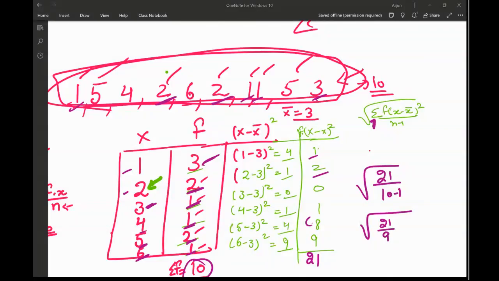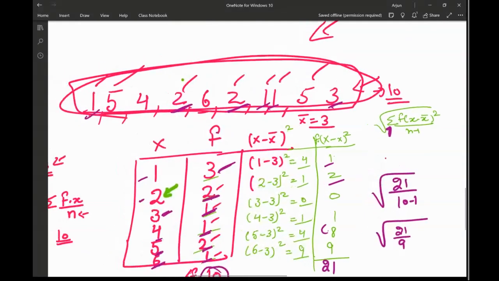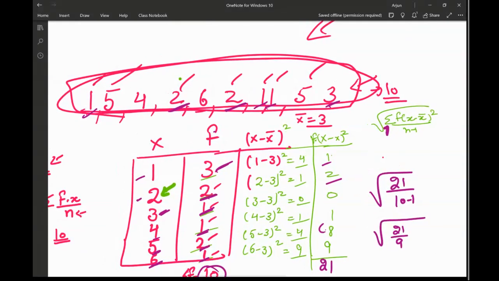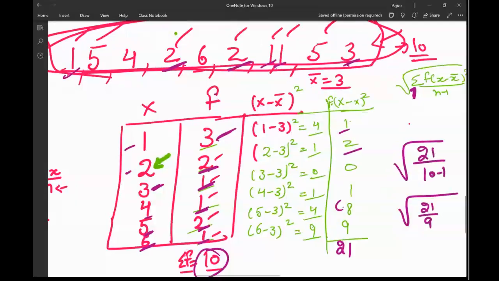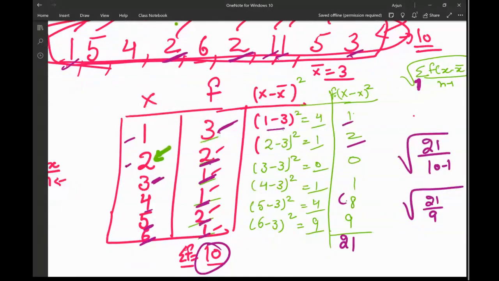So x minus x bar was 3, which I am going to cross-verify, is it 3 or am I using some other number. So the sum is 30. Yes, it was 3. So this is 1 minus 3, which is 2. 2 squared is 4. 2 minus 3 is 1, 1 squared. 3 minus 3 is 0. 4 minus 3 is 1. 5 minus 3 is 2.